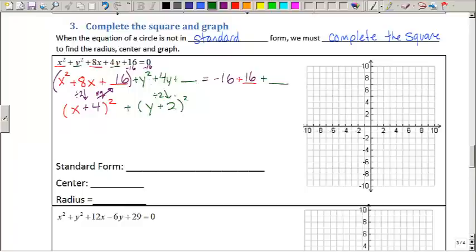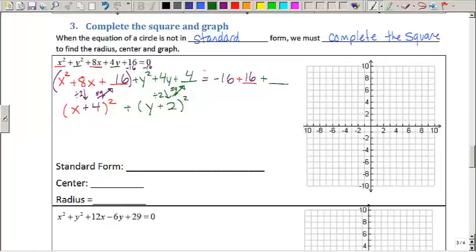And in order for this green to truly factor into y plus 2 quantity squared, we need to fill in the blank or complete my square by taking 2 and squaring it. The divide by 2 and square step. 2 squared is 4, and y squared plus 4y plus 4 truly does factor into y plus 2 quantity squared. If you're not sure, you can always take y plus 2 times y plus 2 off to the side of your paper, and it truly does distribute into y squared plus 4y plus 4.